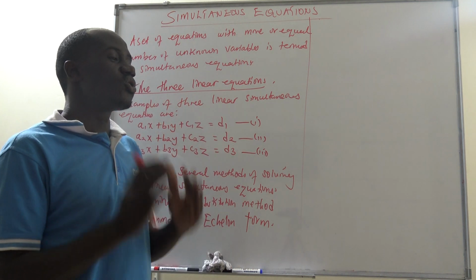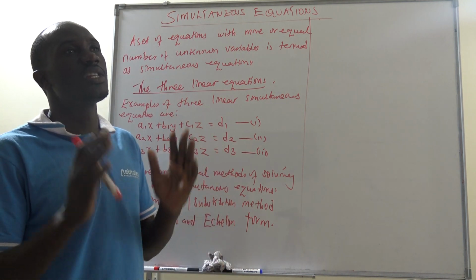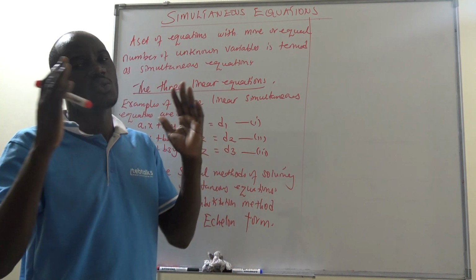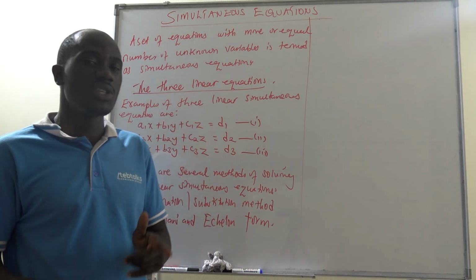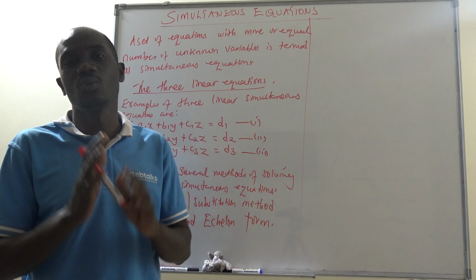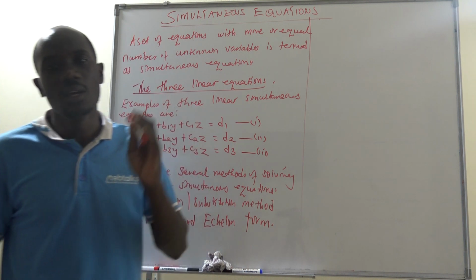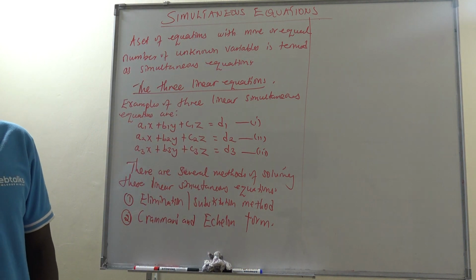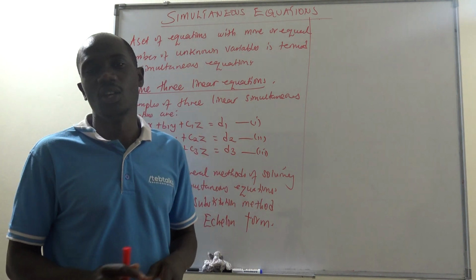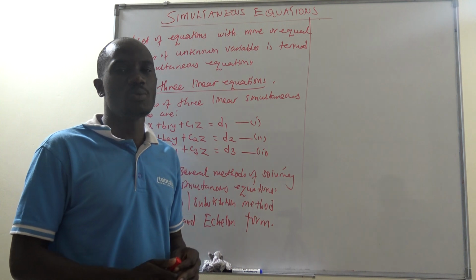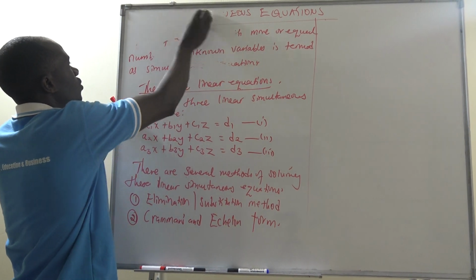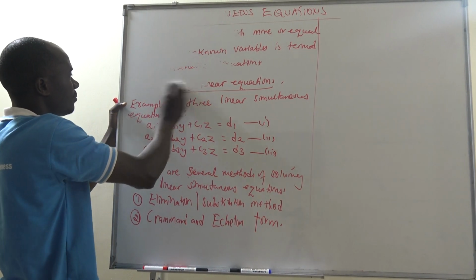When they say solve, it is upon you to choose which method you are conversant with. They have not restricted you. But if they say use the elimination, strictly use the elimination method, as we are going to see in our first example. So we are going to start with the elimination method.